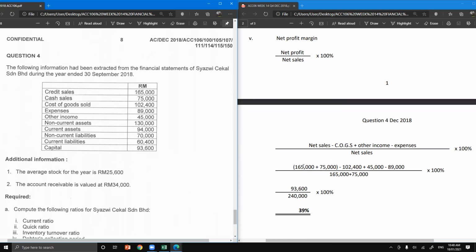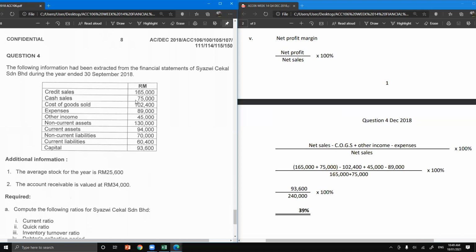Net sale is equal to sale, which is 165,000 plus 75,000. 165,000 is the credit sale and 75,000 is the cash sale. Credit sale plus cash sale equals total sale.